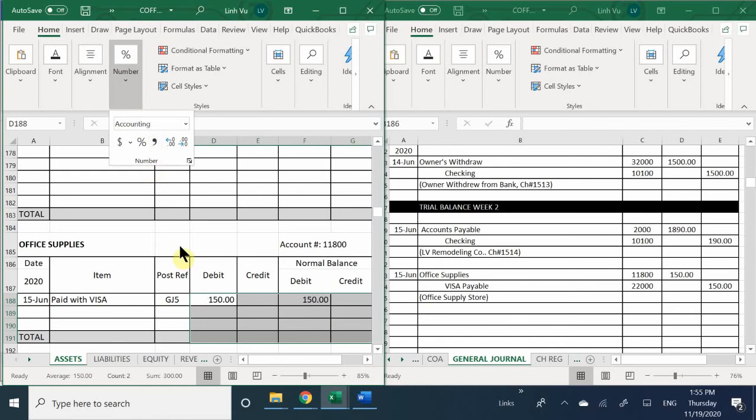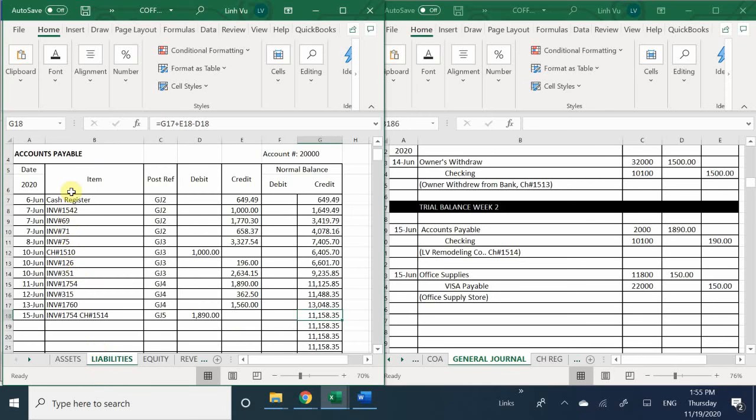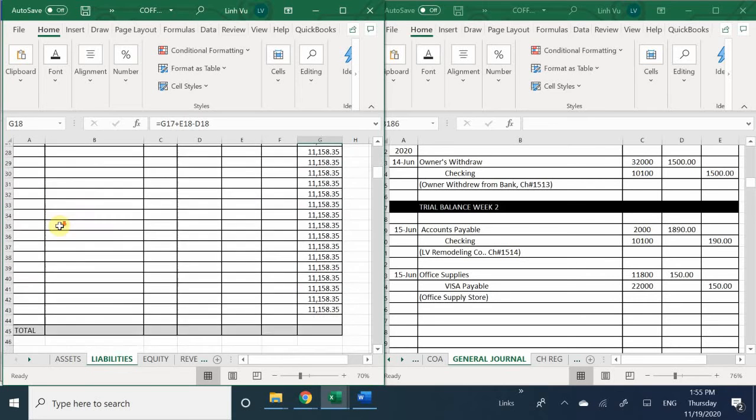Let me format this. Then after that, we're going to go to our Visa card, which is going to be under our liabilities.